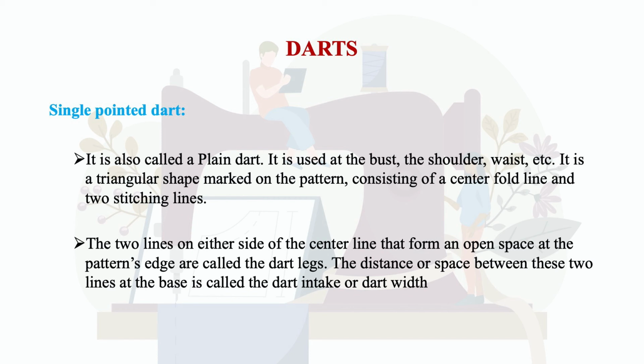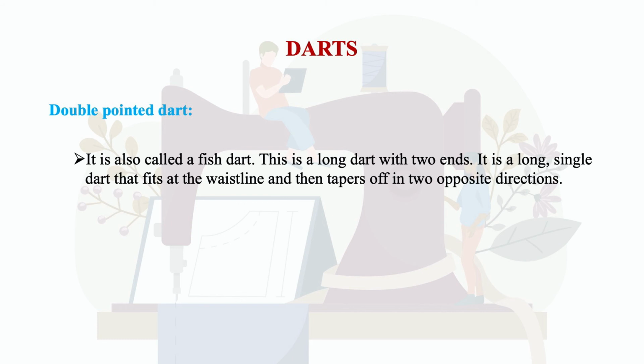Then we have another type of dart used in the garment, the double pointed dart, which we also call a fish dart. The fish dart is a long dart with two ends on the garment, whereas the first one had one end. It is a long single dart that fits at the waistline and tapers in the opposite direction.